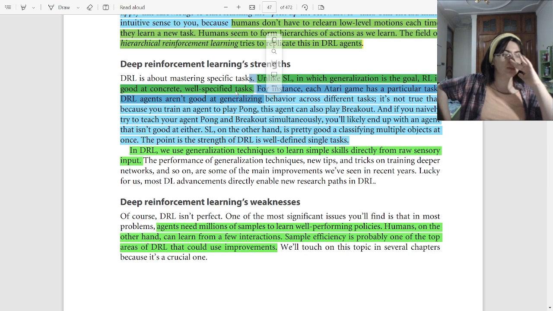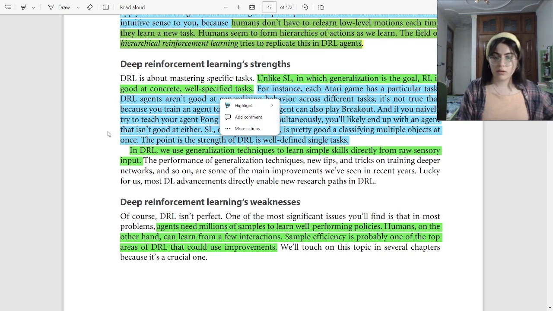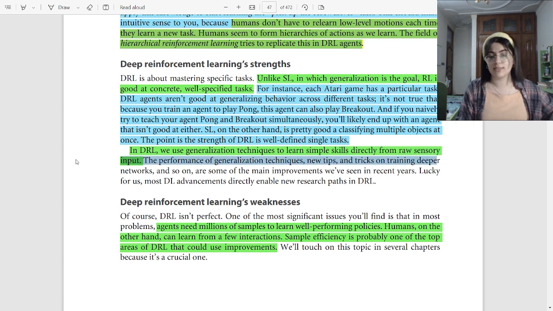So if you have trained your agent to be a master in the Breakout game, you cannot expect your agent to be good in Pong. You have to retrain it again on Pong and just Pong. And if you do it both simultaneously, like both Pong and Breakout, it might not work as well as you want. So then it mentions that in DRL we use a generalization technique to learn simple skills directly from raw sensory input.